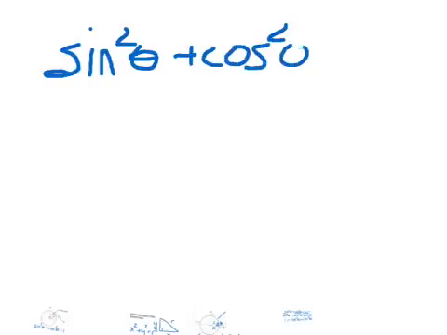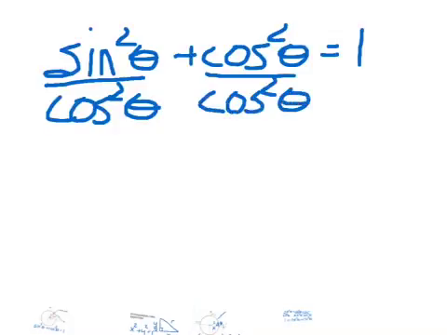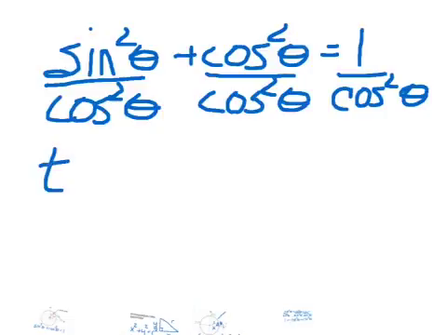Okay, let's go back to our basic identity again. It was sine squared theta plus cosine squared theta equals 1. Now instead of dividing everything by sine squared, I want to divide everything by cosine squared. And here we get sine squared divided by cosine squared, which of course we all know is tangent squared.